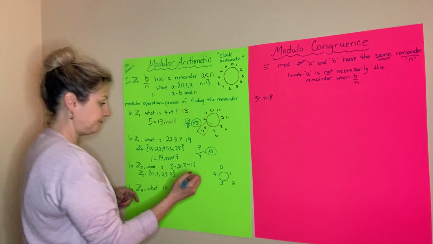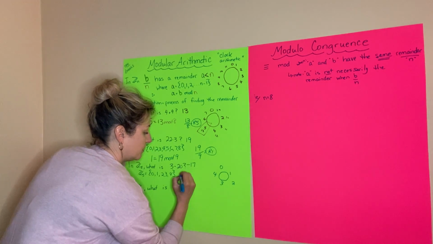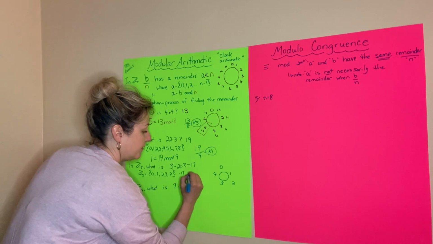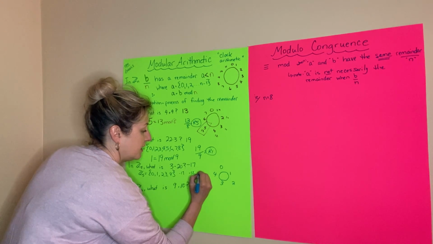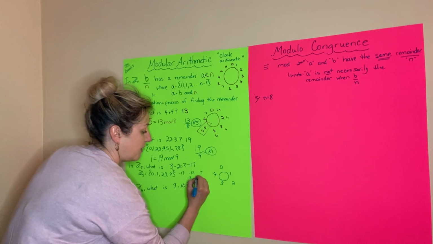So we know that negative 17 plus 5 is negative 12, plus 5 is negative 7, plus 5 is negative 2, and then plus another 5 is 3.